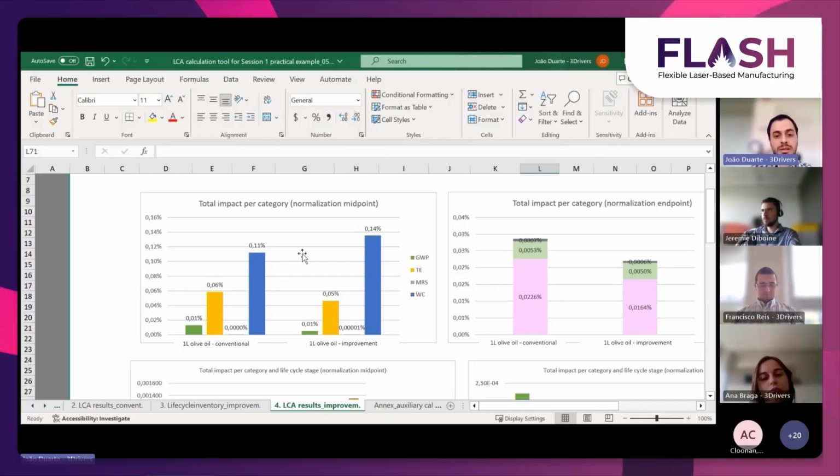We see that generally the improvement has a lower environmental impact, for example, in global warming potential, in terrestrial ecotoxicity, and regarding mineral resource scarcity it is mostly the same. It's not very relevant for this case, but we saw that it resulted in an increase in water consumption.